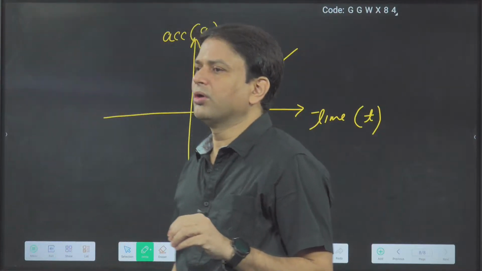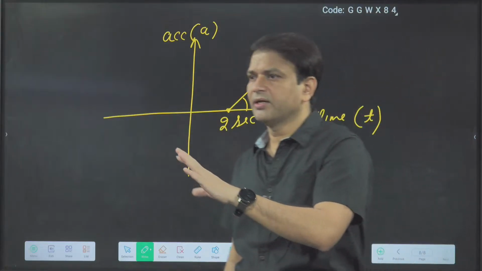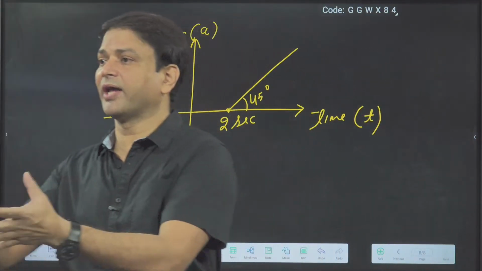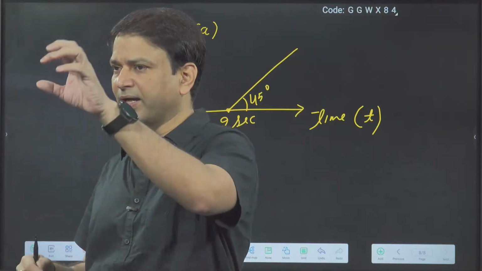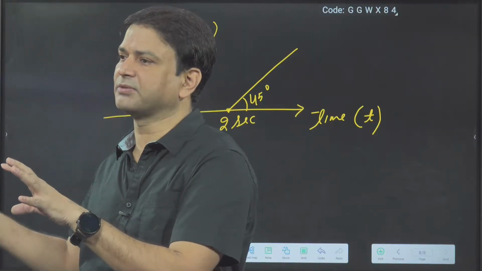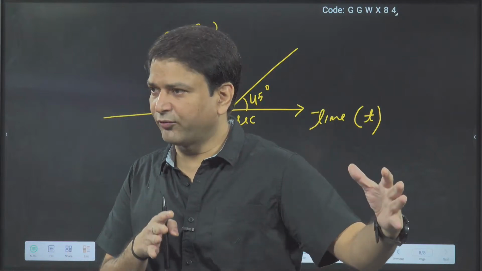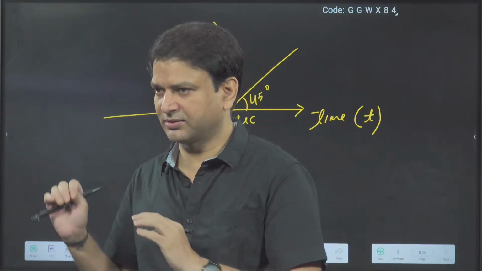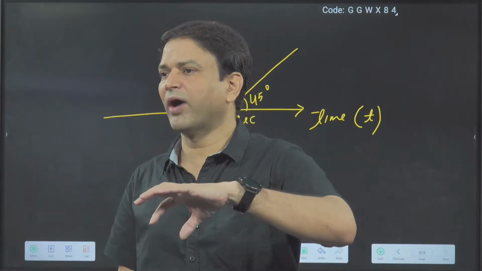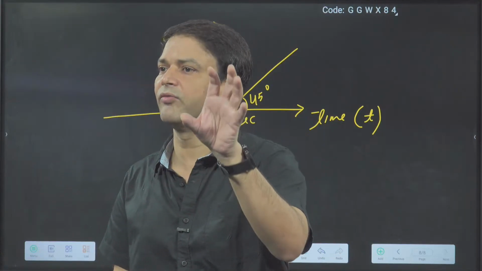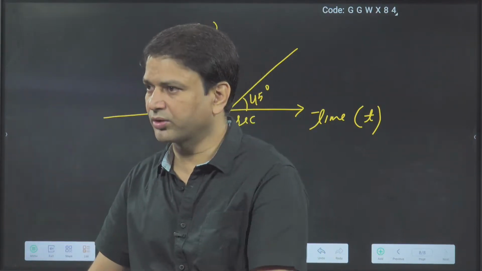First I will write the equation in terms of x and y, because we learned the formula y minus y1 is equal to m times x minus x1. Later, y I will replace by a, and x I will replace by time, because on the y-axis I am plotting the acceleration.